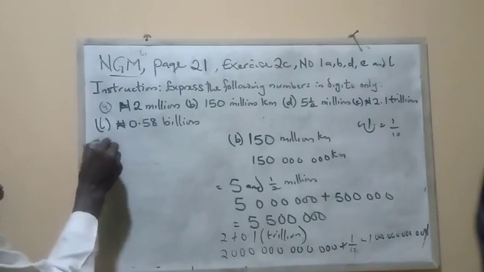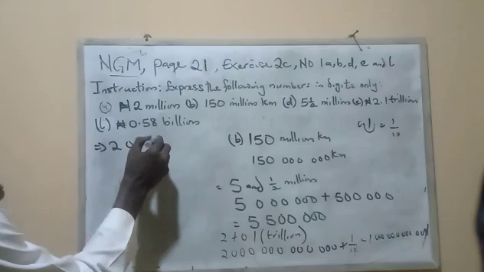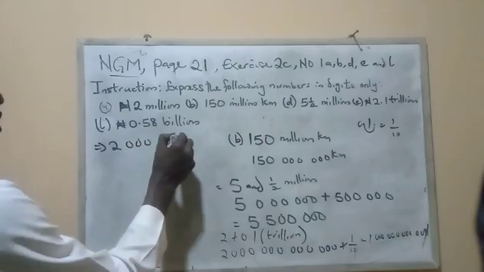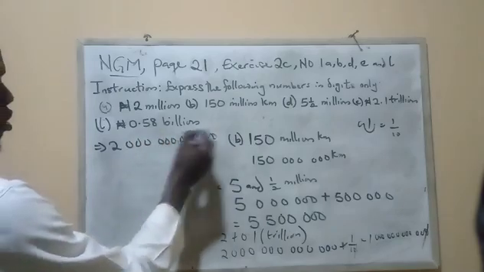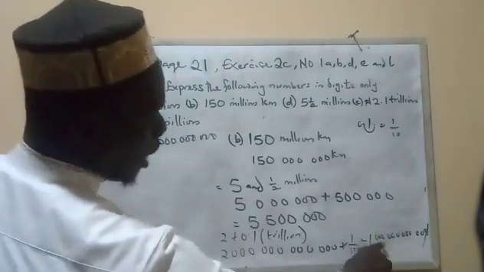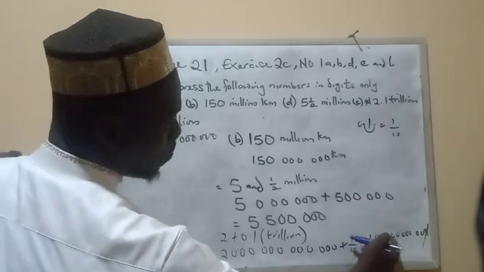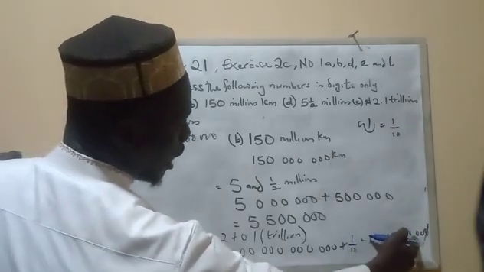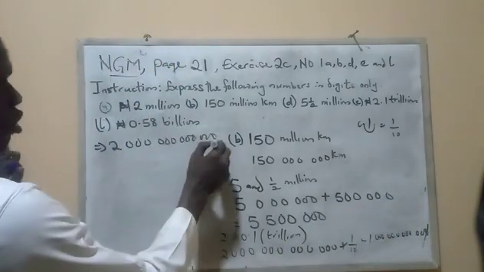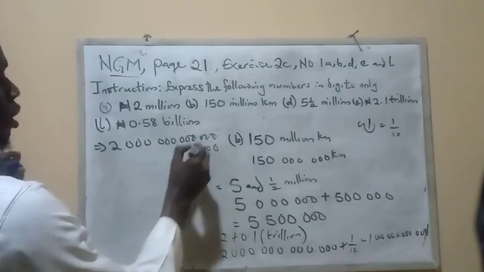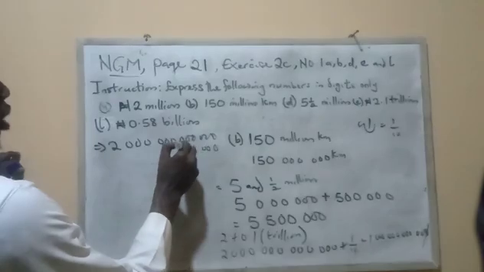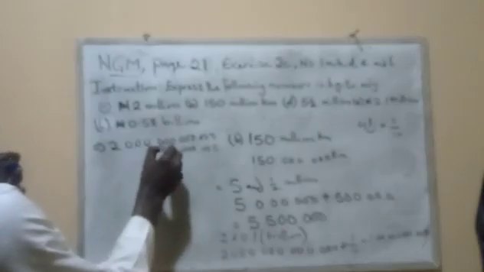Adding that, so we have 2 trillion plus 100 billion. How many zeros after the 1? 1, 2, 3, 4, 5, 6, 7, 8, 9, 10, 11. So we write 11 zeros, but don't forget we have to write in threes.